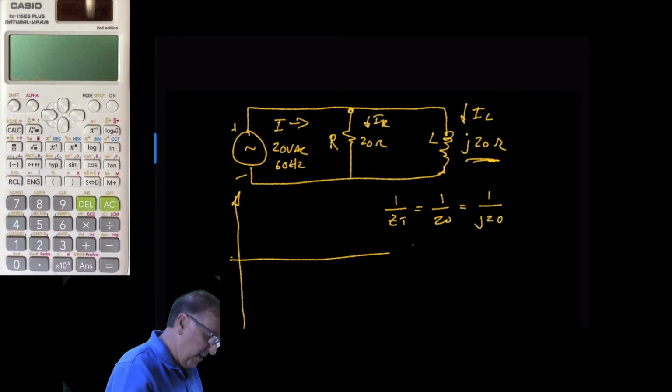And solving for Z total, we get 10 plus J10.